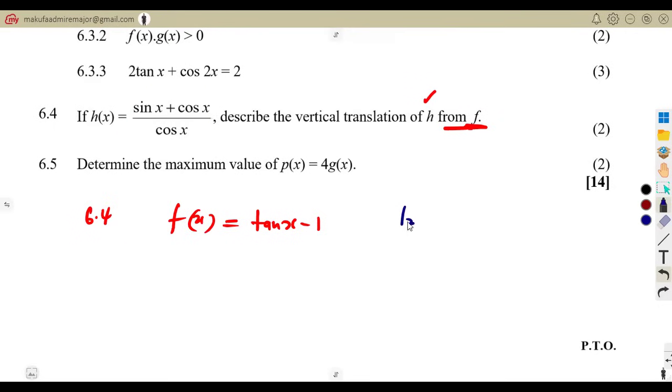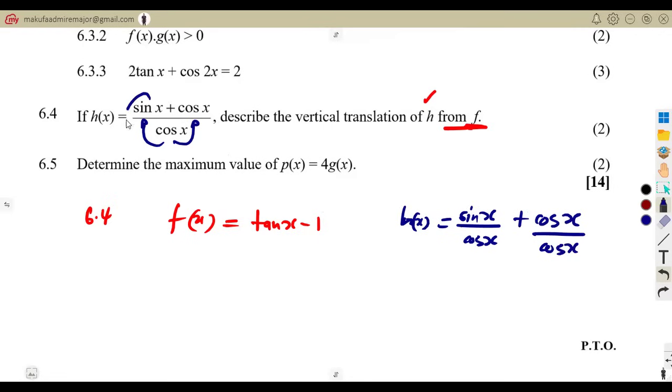Okay, let's consider our h(x), guys. They said it's (sin x plus cos x) over cos x. Remember, cos x can be divided into each of these terms. So it can give us sin x over the cos of x. Let's try to separate like this. There's a plus, so it's going to be plus the cos of x over the cos of x.